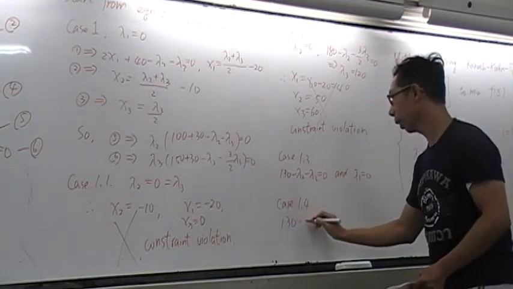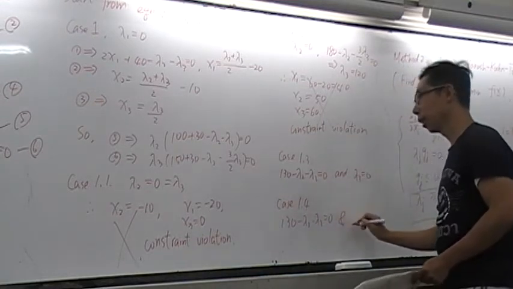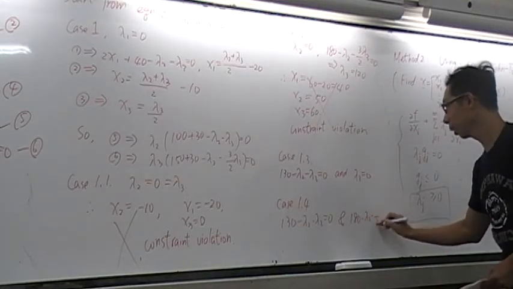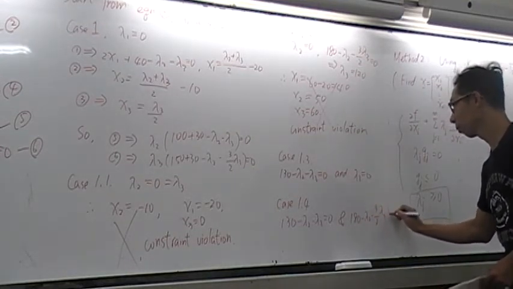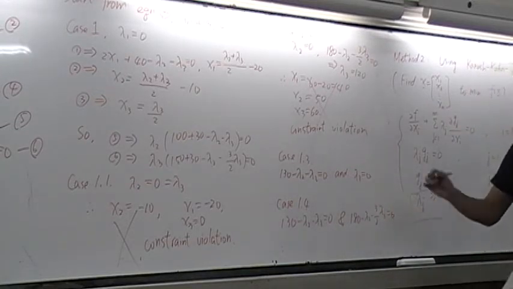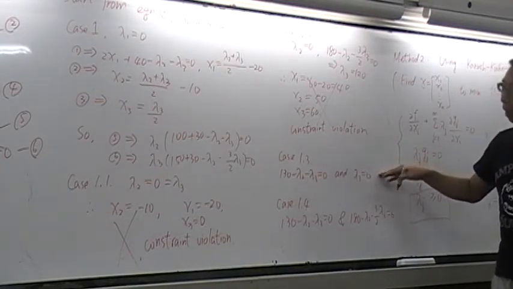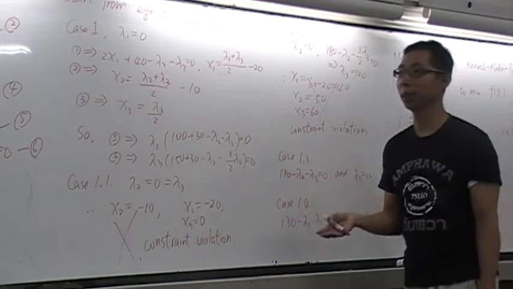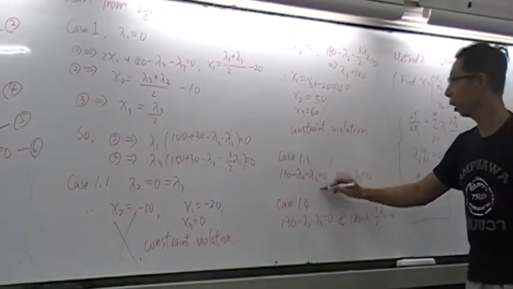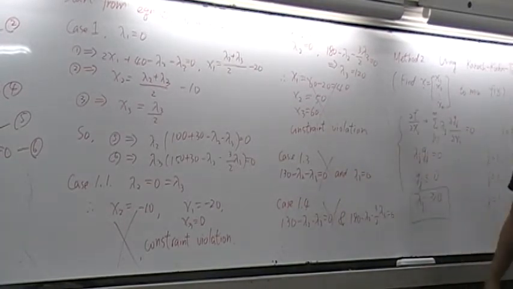So 130 minus lambda 2 minus lambda 3 equals 0, and 180 minus lambda 2 minus this equals 0, okay? So very similarly, after solving them, okay, and plugging back into the constraints, you will see that there is always some constraint violation for case 1.3 and case 1.4, so the whole case 1 just doesn't work, okay?